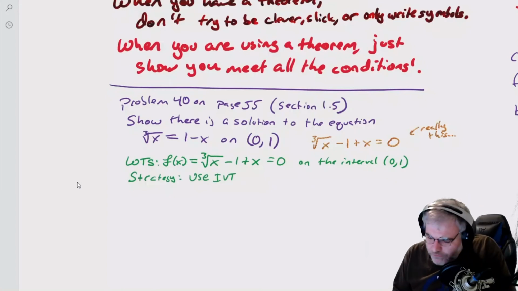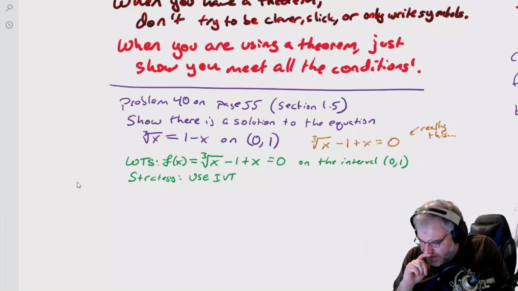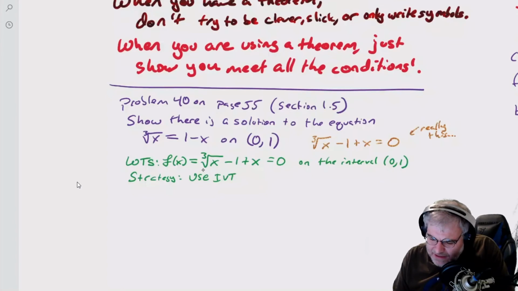Now, I don't know if you remember, I didn't really go over it, but I think it was mentioned in peer leading. Cube root of x is continuous, and this is a polynomial, so it's continuous. And if I take two continuous functions and add them or subtract them, I wind up with a continuous function.